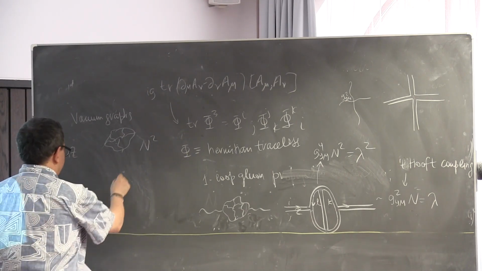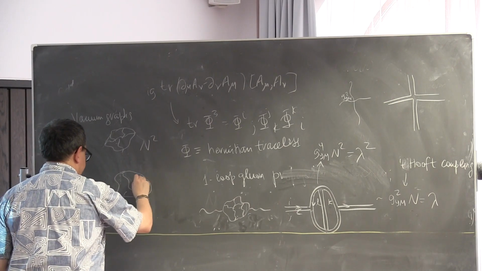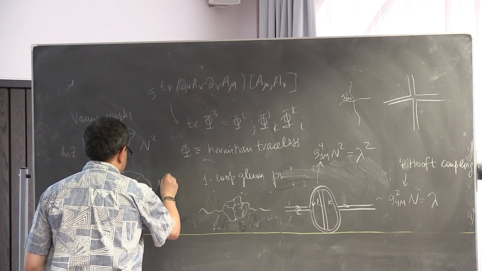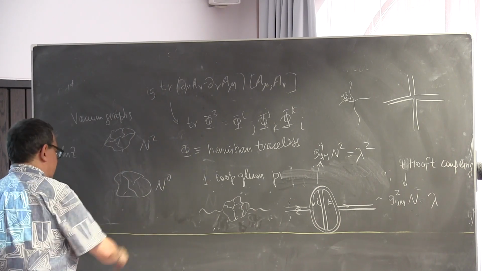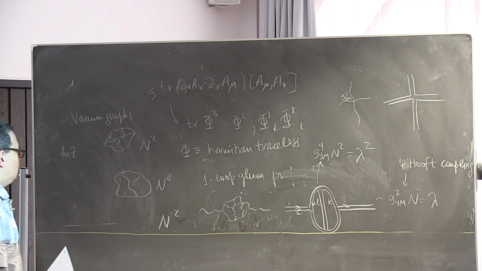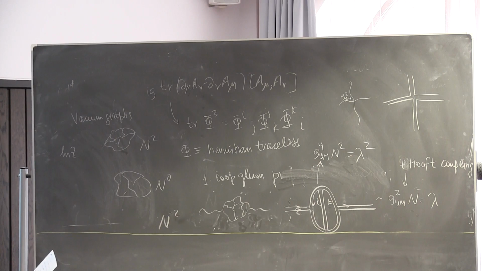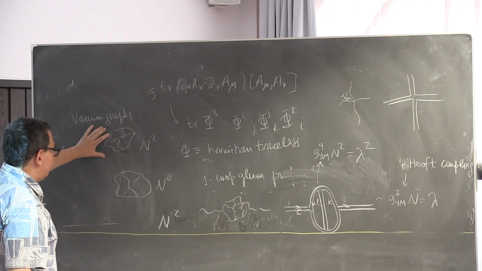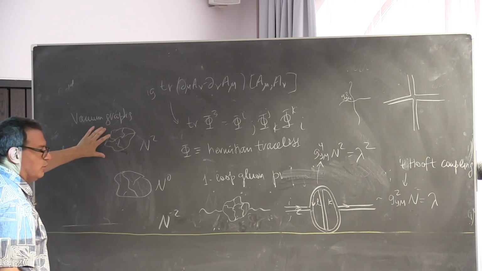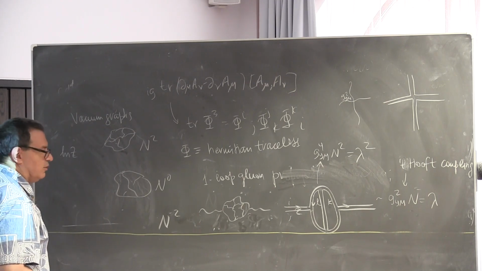But a graph where we insert non-planarity, where one gluon line passes under another one, is of order N to the 0. And when there are two such things, there will be N to the minus 2. And what 't Hooft realized is that there is a topological classification of these graphs. These graphs have the topology of a two-dimensional sphere. These graphs have the topology of a two-dimensional torus.